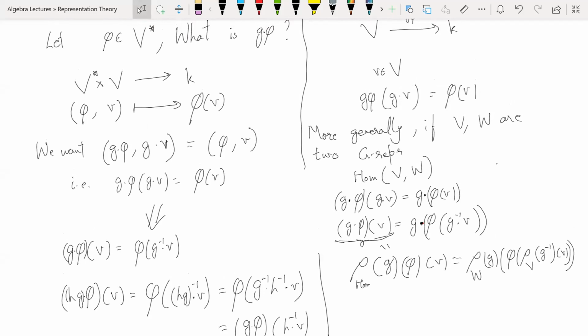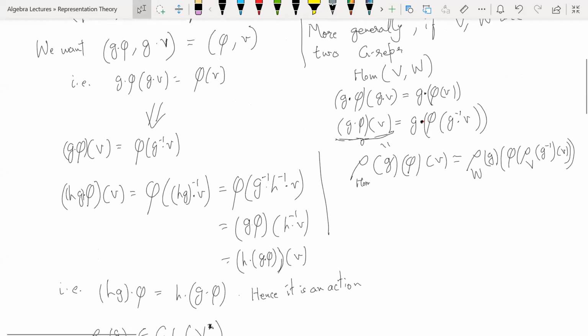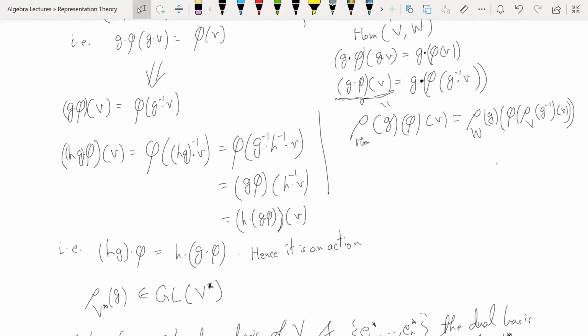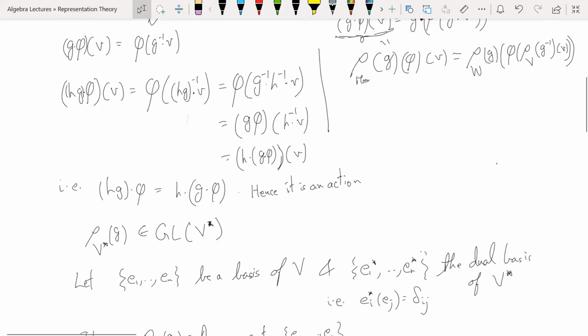Of course, rho V of G is a matrix, but for that you have to fix a basis of V. Similarly rho V star of G will also be a matrix, but for that you have to fix a basis of V star. If you fix some random basis of V and some random basis of V star, you don't expect any relation. But if you fix some dual basis, then there will be a relation.